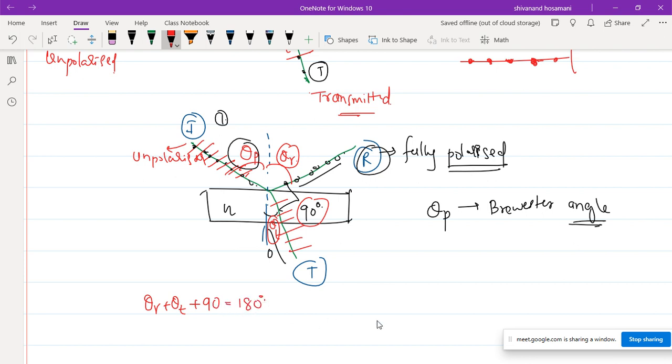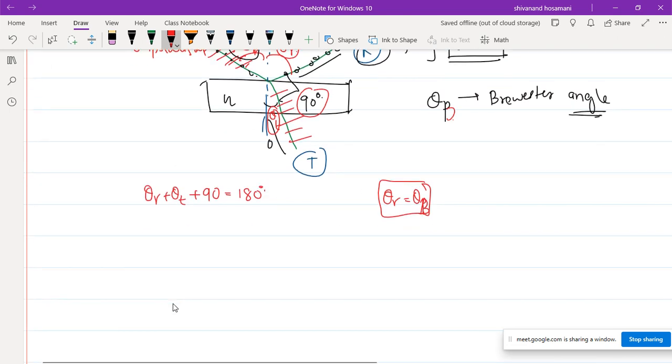Moreover, we know that theta r is equal to theta p. This is nothing but the polarizing angle, and that's why we sometimes call it theta b, the Brewster angle, theta b. Theta b is nothing but the incident angle. Therefore, I will replace this as theta b plus theta t equals 180 minus 90, which is 90 degrees.